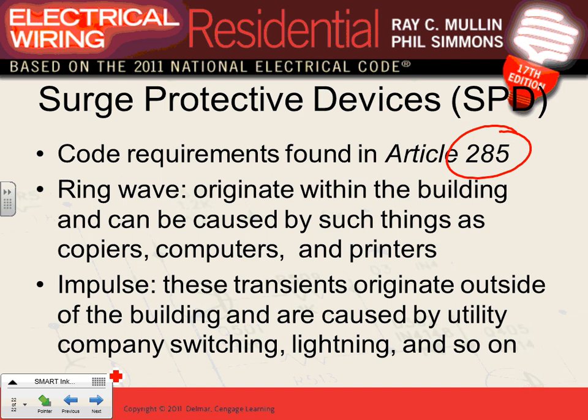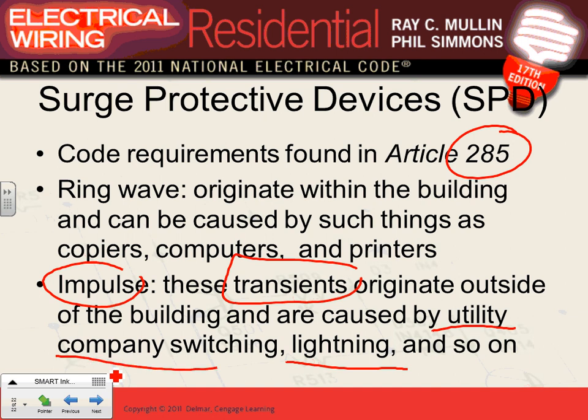Here's how they protect you from transients. Remember that little wave that went up to the Lord, down to the devil, and came back? Chop them up. That's called a transient. There's impulse. Impulse is a transient that originates outside the building. Why? Because of the lightning or the utility switching transmission lines, every time they switch, it gives you a pulse.